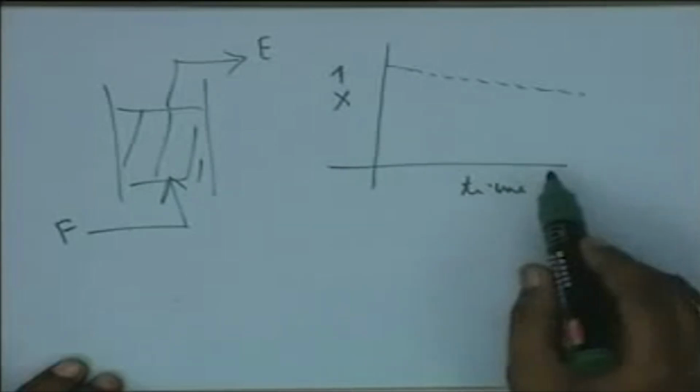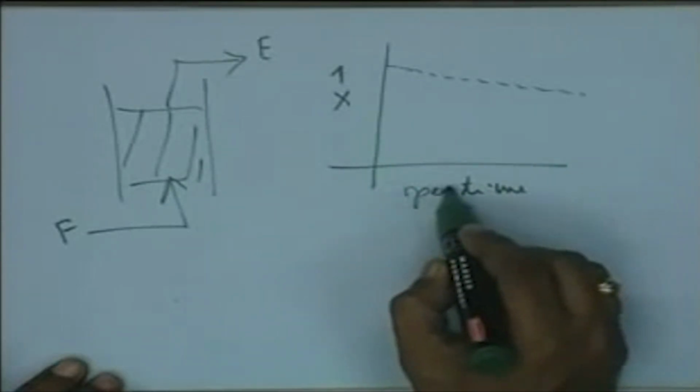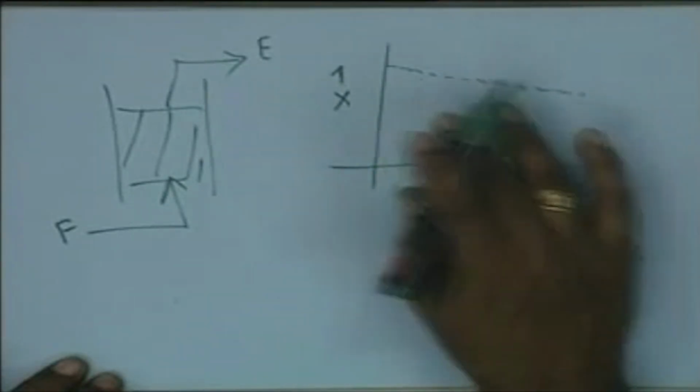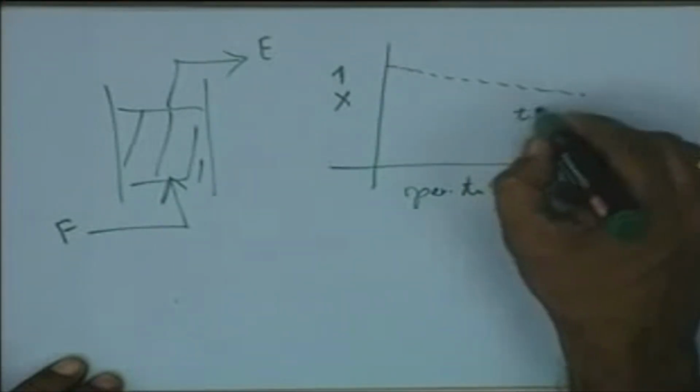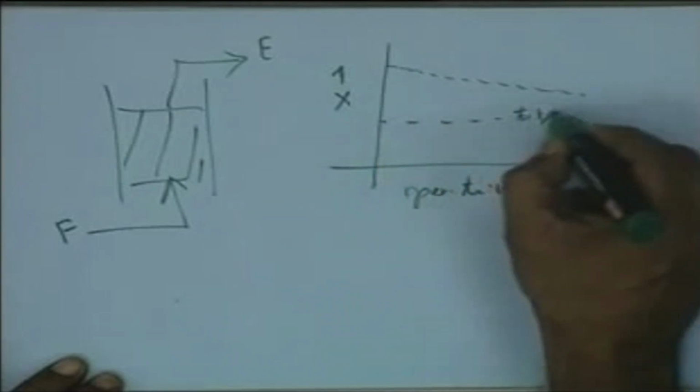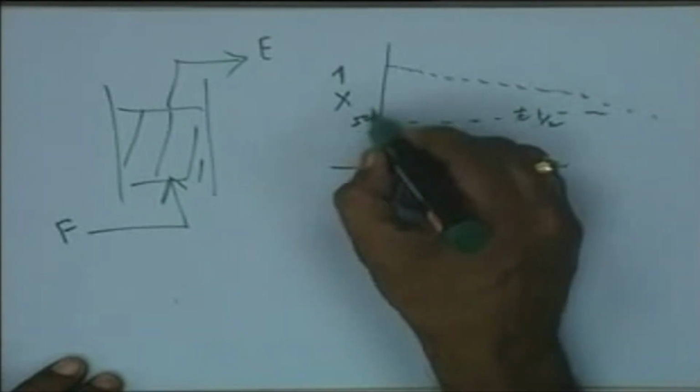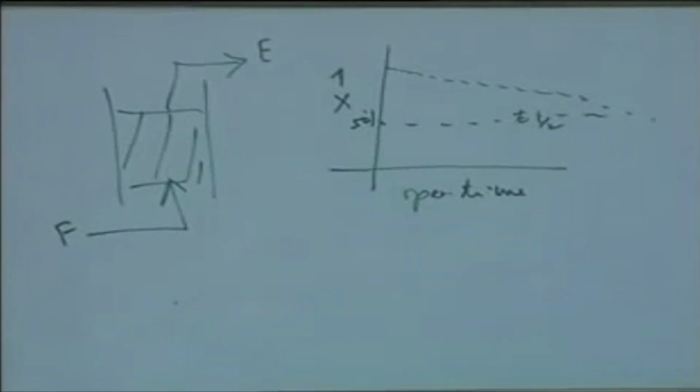and over operational time, this is operational time, not the residence time. Residence time is constant here. It will go down, and if you consider it as a first order process, then the half life, that means the time it takes to reach 50% of the original value, can be calculated.